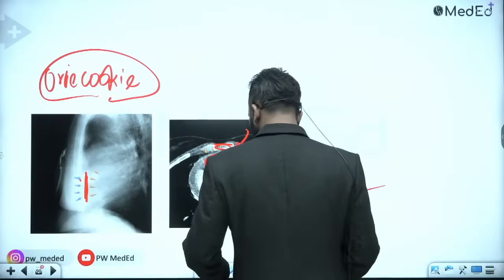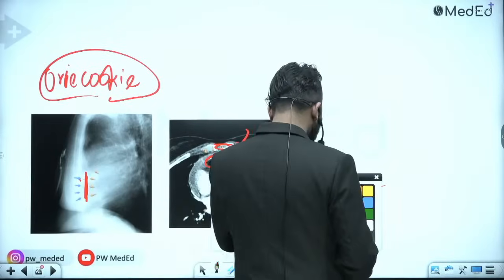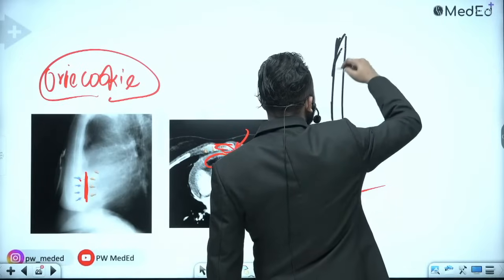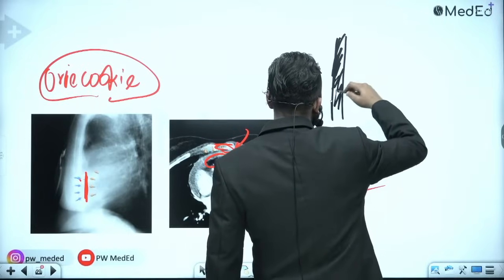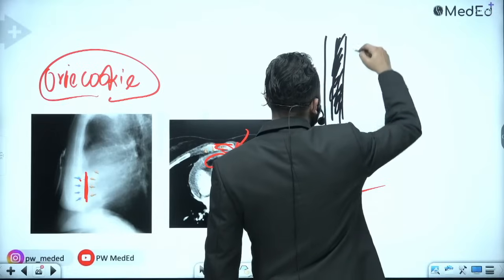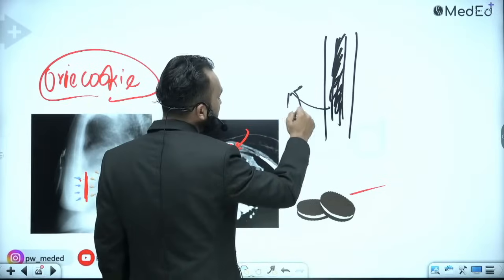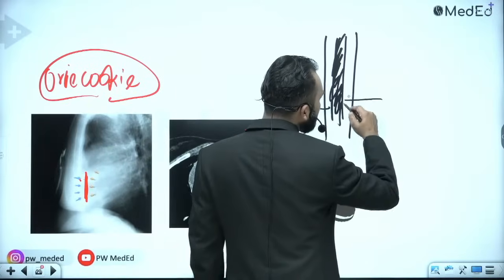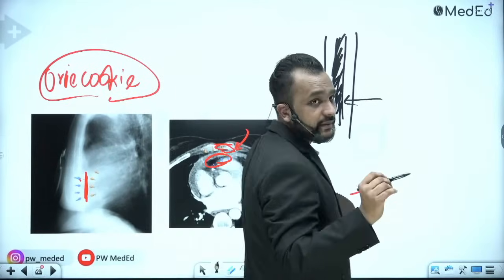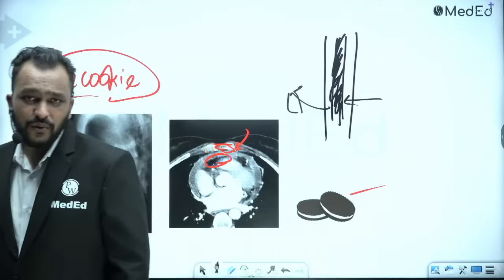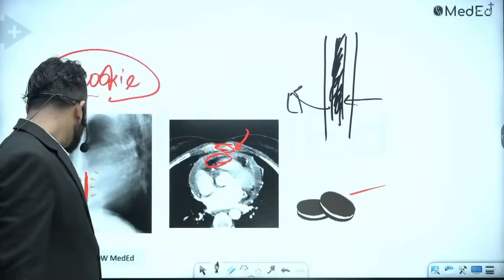Let me just draw it for you. There is some opacity due to the pericardial effusion, and surrounding that opacity there will be some radiolucency. This radiolucency is due to the fat in the retrocardiac area, and this lucency is due to the fat in the epicardial region. And this will give a sign that is known as Oreo cookie sign.